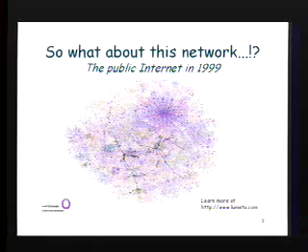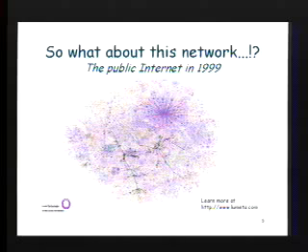This is a snapshot of the public internet in 1999. It has exploded much more than that since. There's this company called Lumeta.com. They make these nice internet graphs or internet maps.